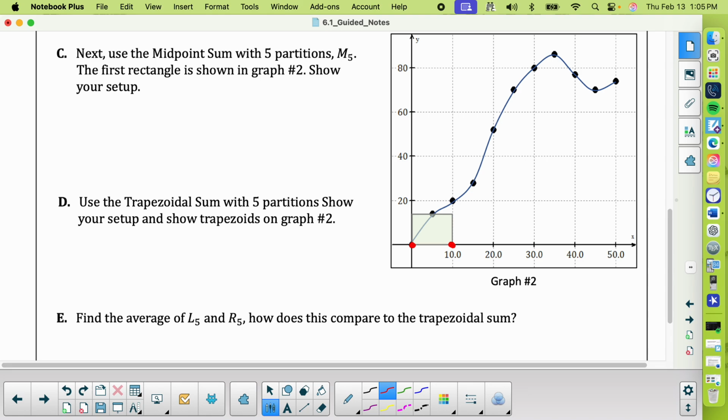The height on the right, I don't know what that is, 20? You're going to use both the height on the left and the height on the right. Actually, this was terrible. This is not a trapezoid. This one draws a triangle. But you are going to use the height on the left and the right.